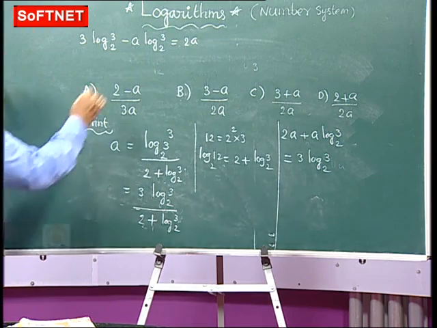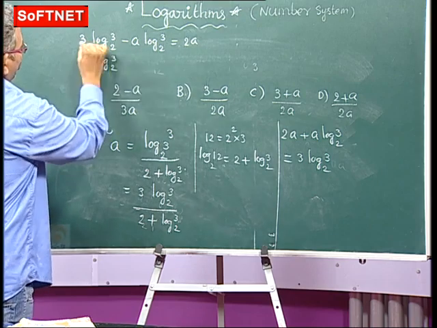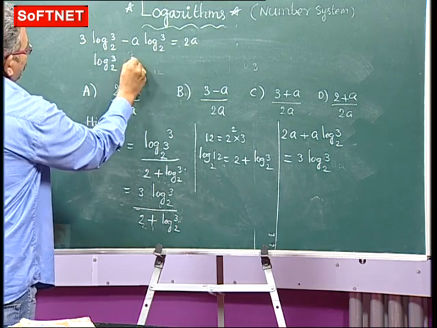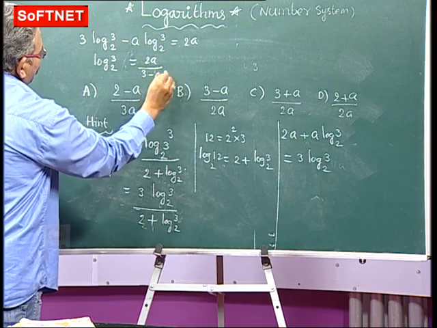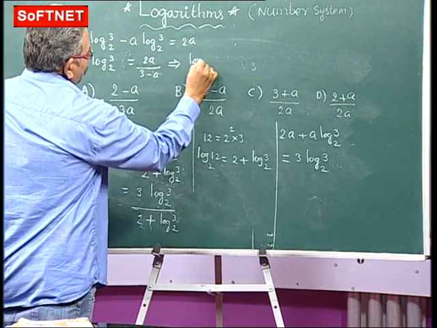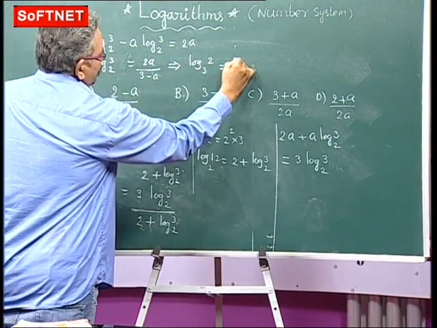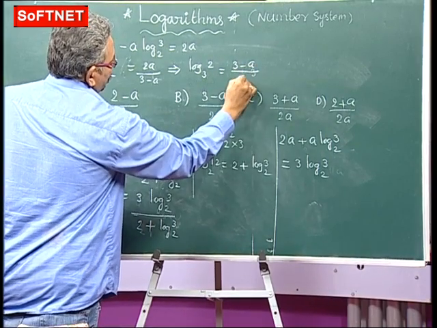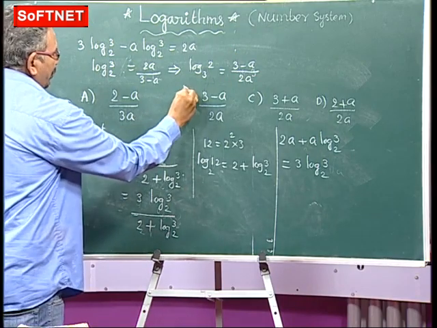Now log 3 base 2 is common, we get 3 minus a. So this is 2a by 3 minus a. But what do we require? Log 2 base 3, that is the reciprocal of this one. So 3 minus a by 2a. So which is the right option? B will be the right option.